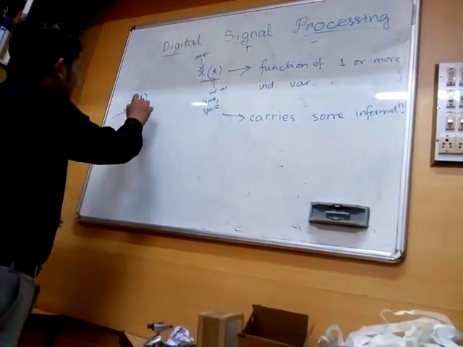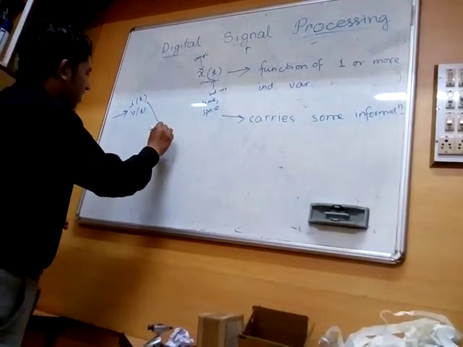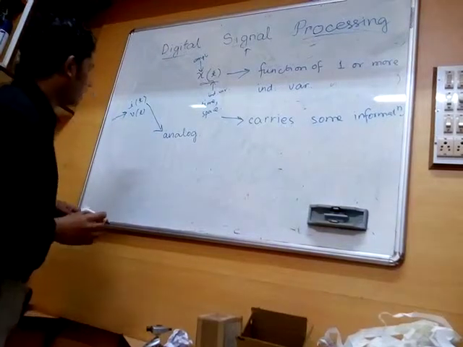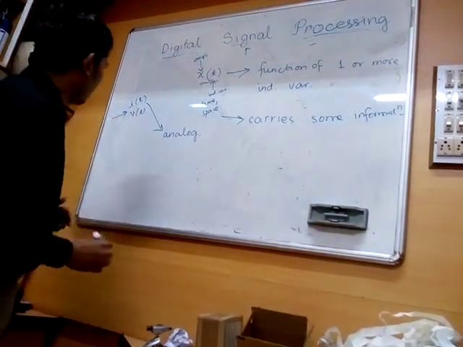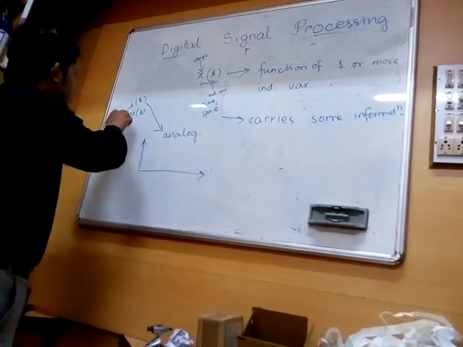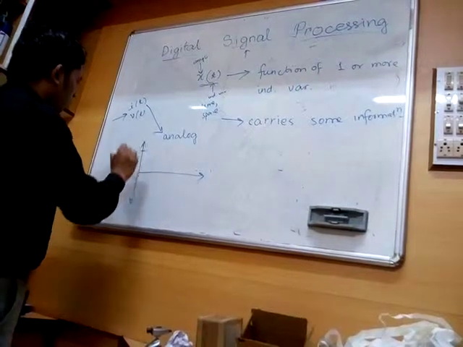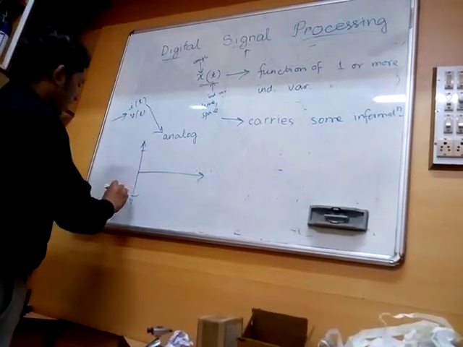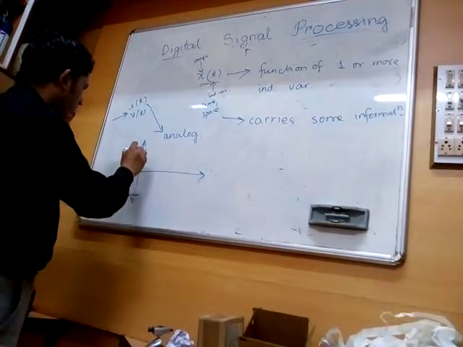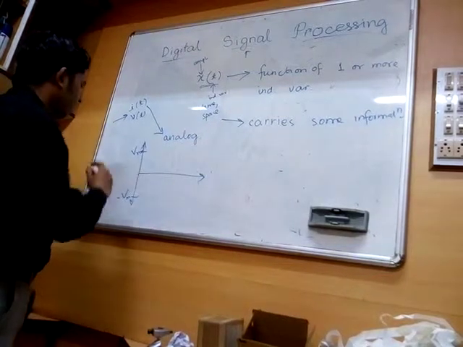Now this signal which we get is an analog signal. Why analog? Analog signal in the sense my voltage can vary from any minimum, minus Vm, to any maximum, Vmax.